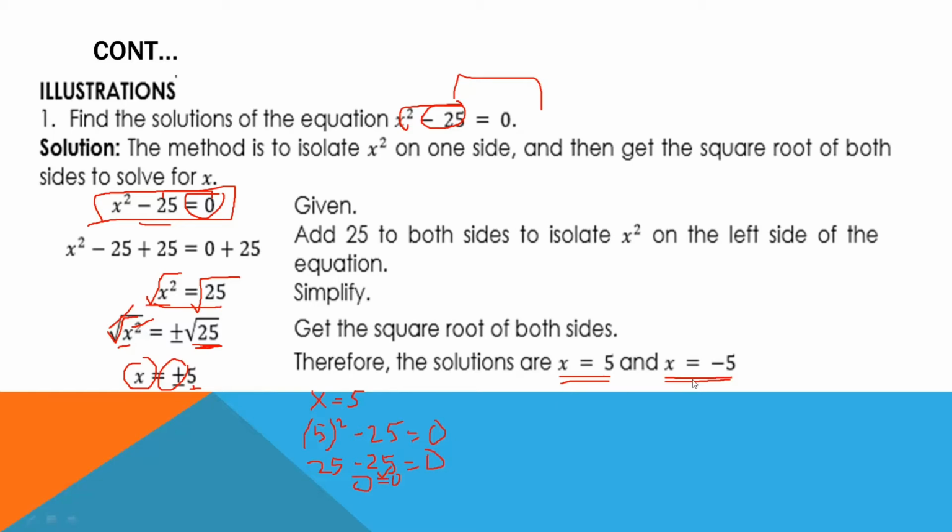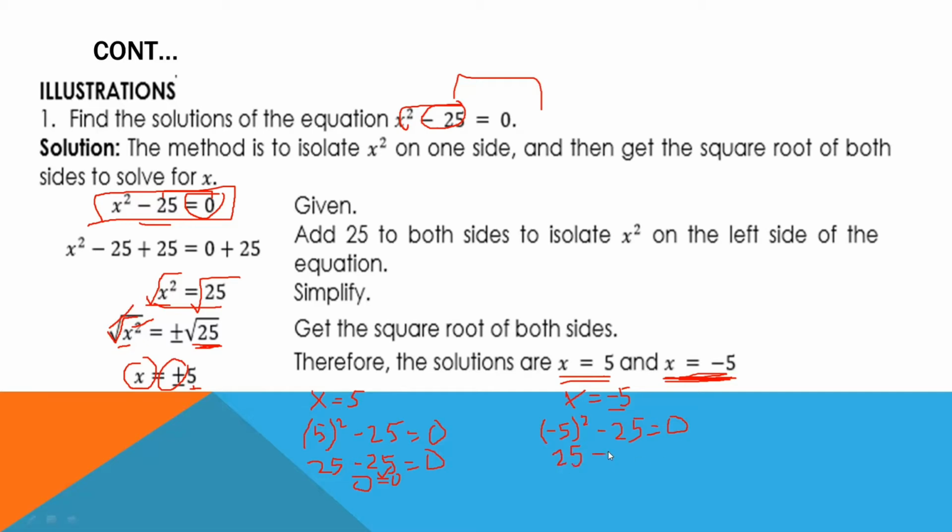Next is to check the second solution that we have, which is negative 5. Let's check if x is equal to negative 5 is a correct solution. So let's substitute negative 5. Magiging negative 5 squared minus 25 natin is equal to 0. What is negative 5 squared? Pag minultiply natin, negative 5 times negative 5, it becomes positive 25.